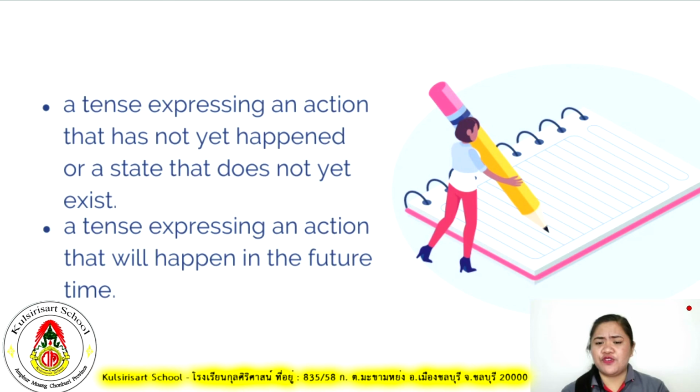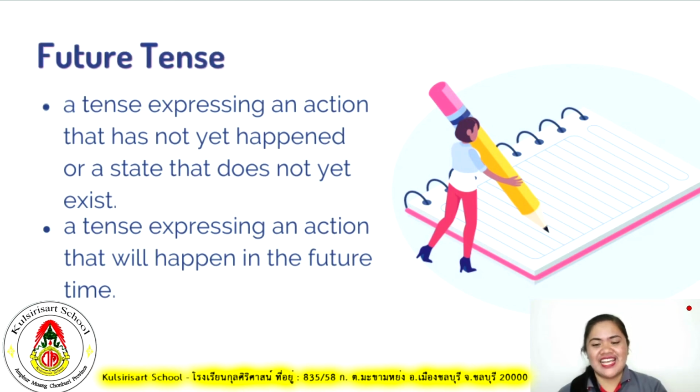What is future tense? Here it says, a tense expressing an action that has not yet happened or a state that does not yet exist. Okay, meaning not yet finished, not yet happened. Remember that.